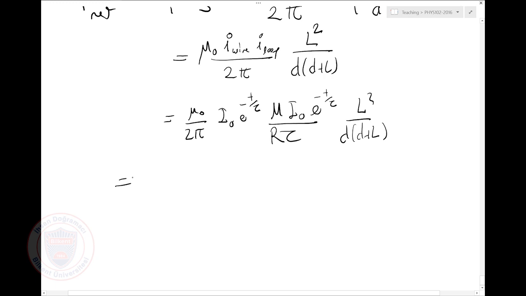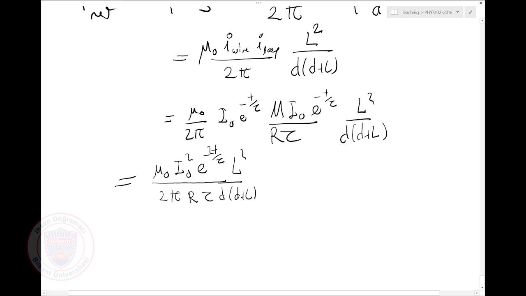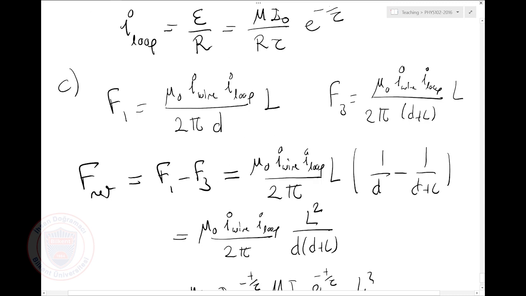Excellent. So I have mu 0 squared. No, that's not mu 0, it's M. It's going to come later. Mu 0 I0 squared e to the minus 2t over tau, L squared, divided by 2 pi R tau D times D plus L. Now I have to write also what M was.